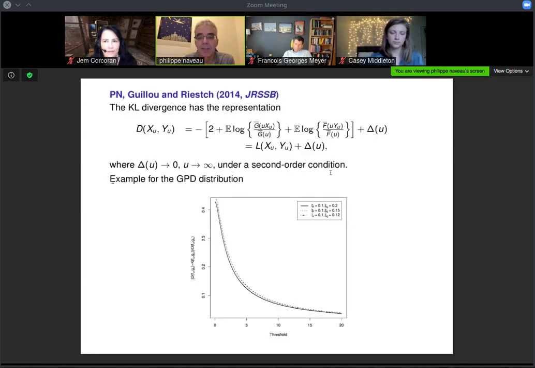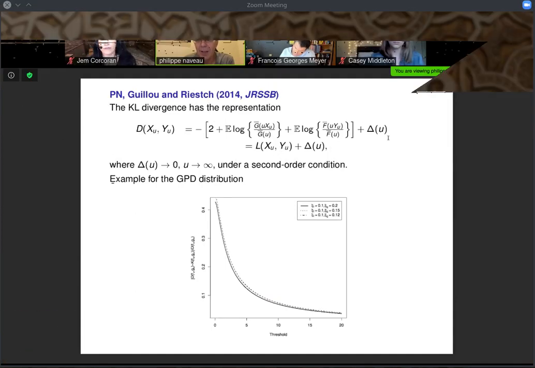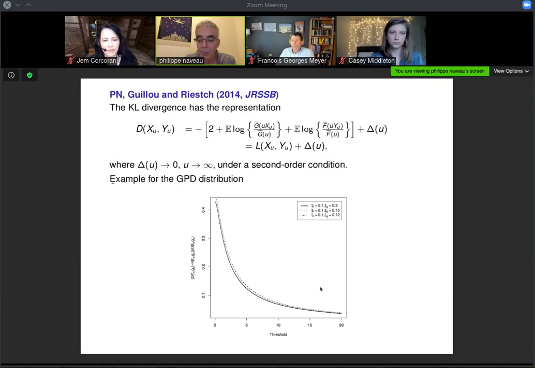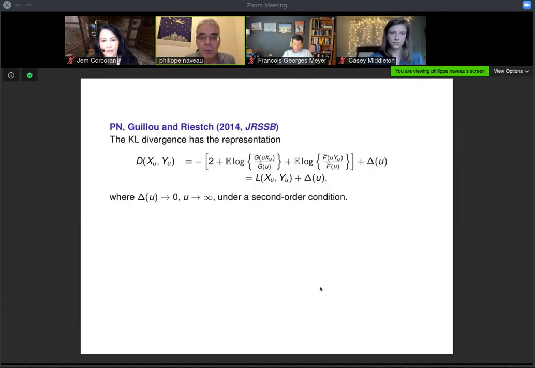You can see the approximation if I set the threshold u here and take a classical extreme value distribution: the cost, the little delta, is very small. But this is just an example. In practice, of course, I don't know what G bar is because I don't want to impose a model on G bar, and I don't know what F bar is because I don't want to impose a parametric form on it.